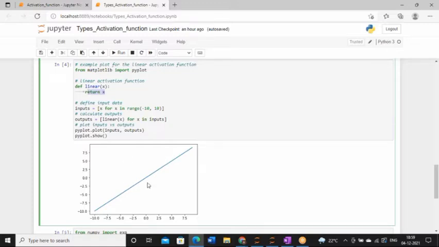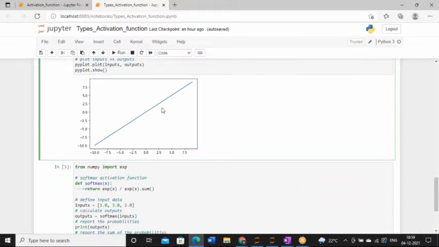So running this example, what will it calculate? It will calculate the output for the range of values and create a plot of input versus output. So it is just an input versus output plot. We can see this diagonal line kind of shape where inputs are plotted against identical outputs, right?